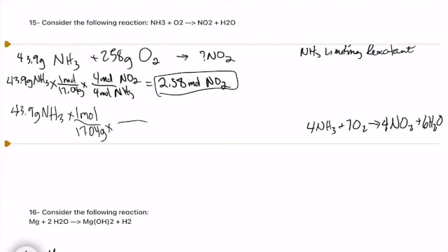We'll convert that to moles using our molecular mass again. The next thing we do is we use our molar ratios from the balanced equation, 4 moles of NH3 to 7 moles of O2. And this is going to tell us how many moles of O2 were used in the reaction.